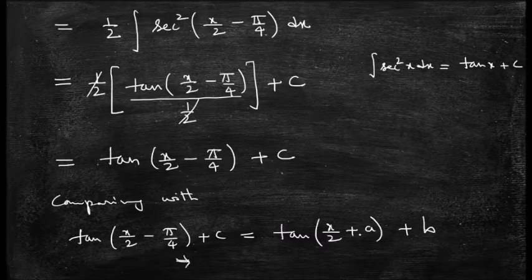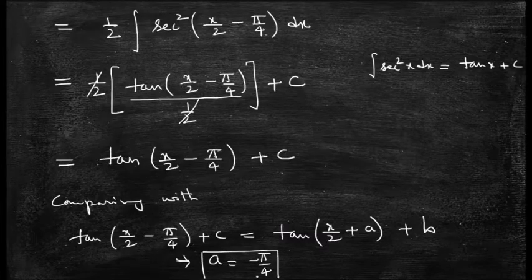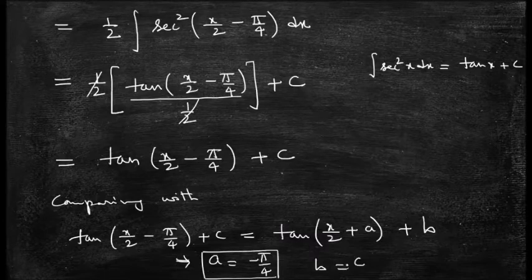What is in the a place? Minus pi by 4. What is in the b place? C. So a is equal to minus pi by 4, and b is equal to c.